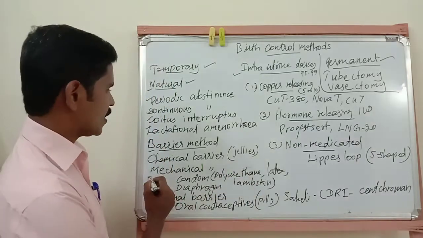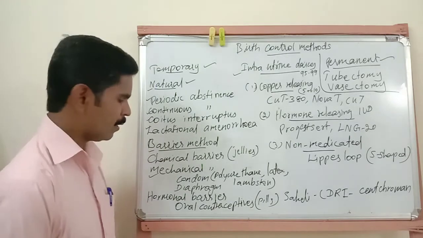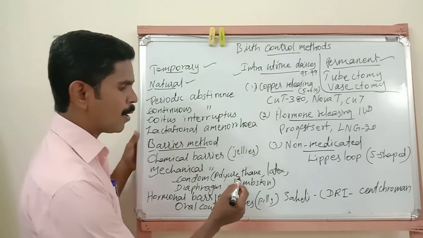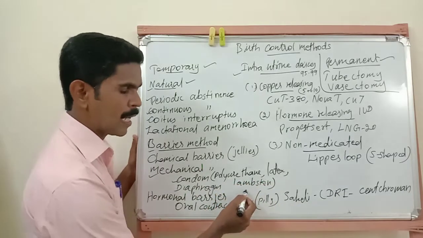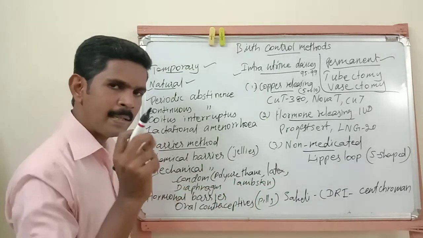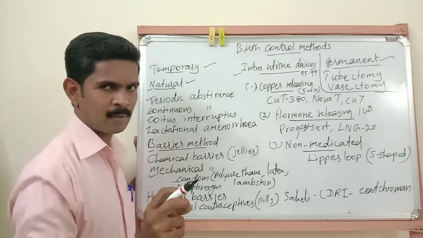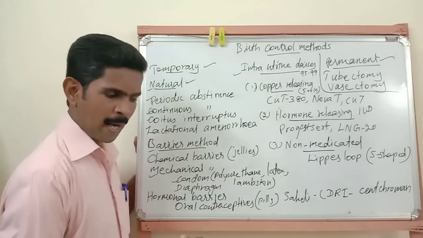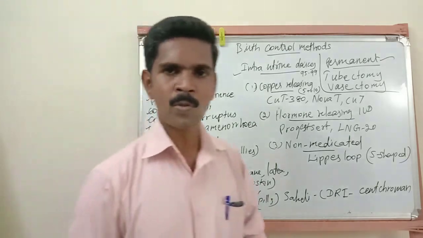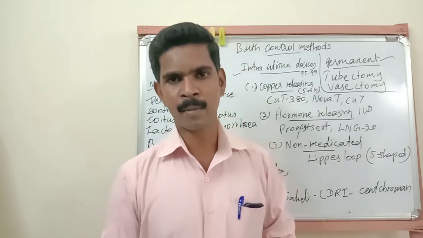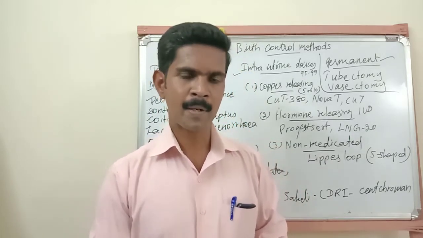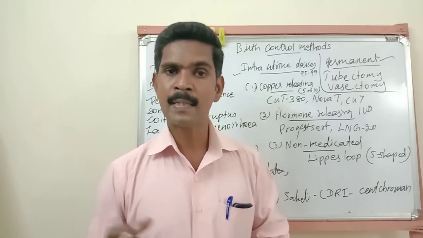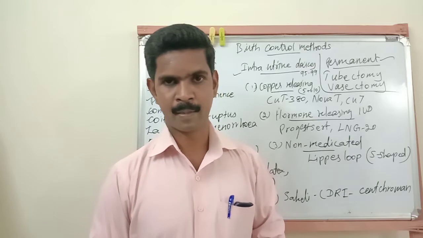Then the next one is the mechanical barrier. First example, condom. Mostly the condom is made up of polyurethane, latex and lambskin. A condom is a very small thin structure, and it is used to cover the penis of the male reproductive system just before coitus.